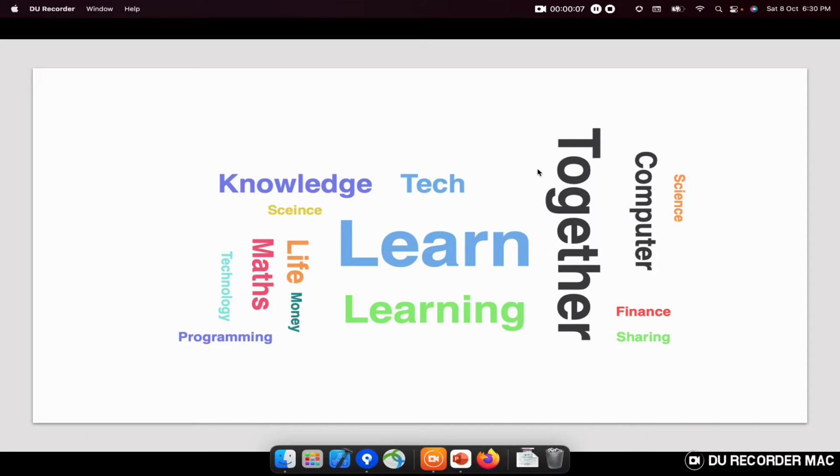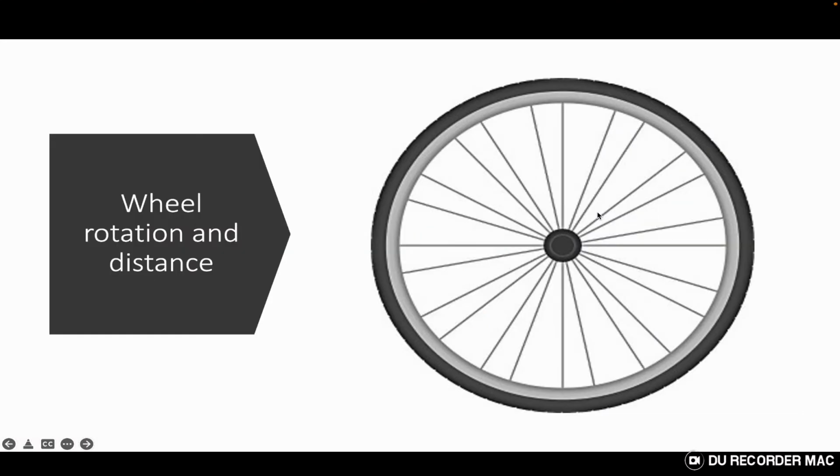Today we will be talking about one of the simple maths problems. Let's say we have a wheel which measures 5 meters in diameter.